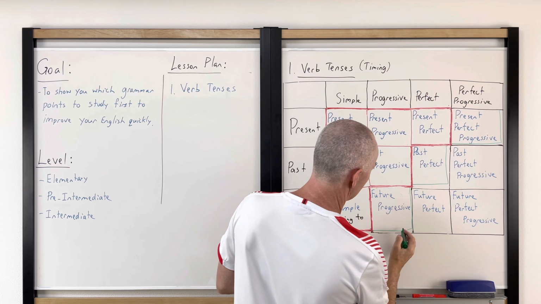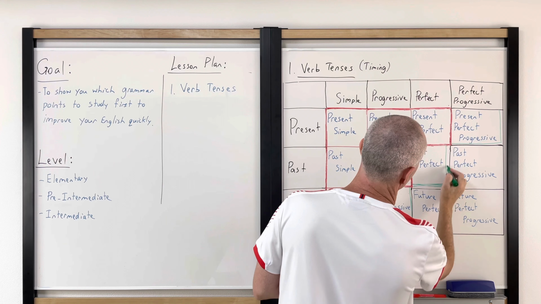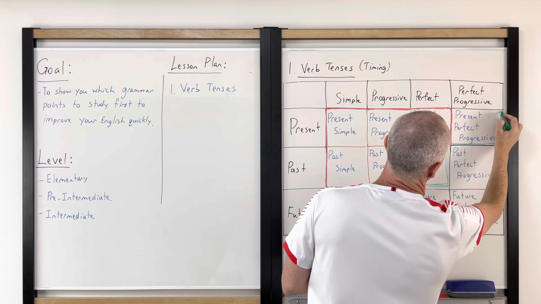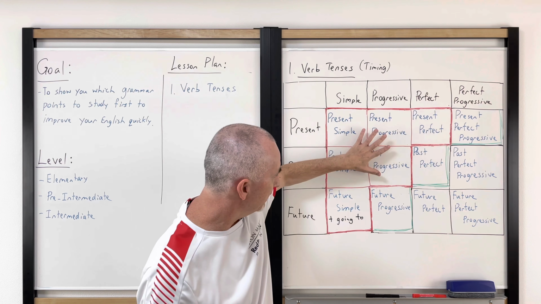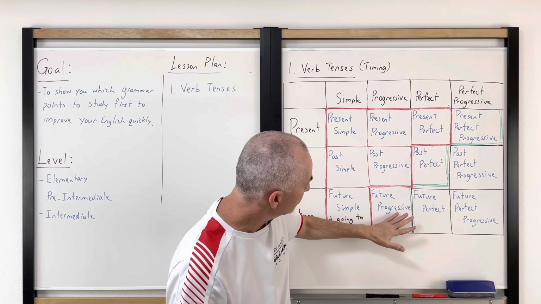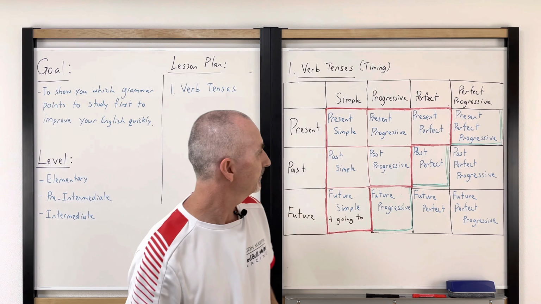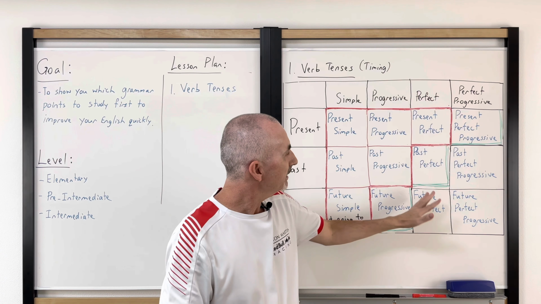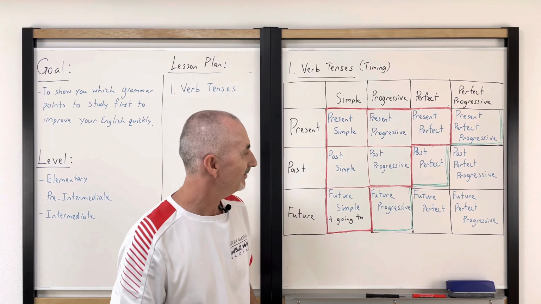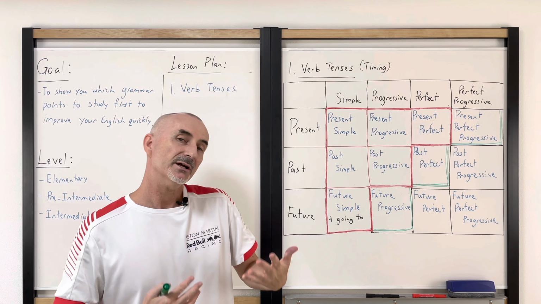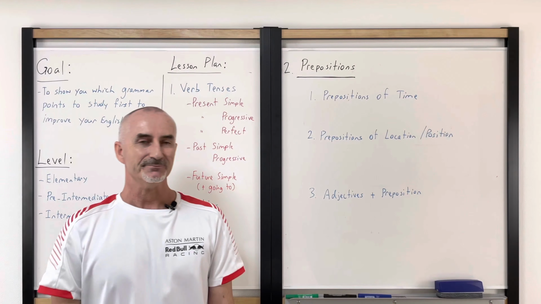In the green part, once you're comfortable with these 6 tenses in red, move to future progressive, past perfect, and present perfect progressive. Then finally you can focus on those last 3 tenses. So that's my recommendation for studying the verb tenses.